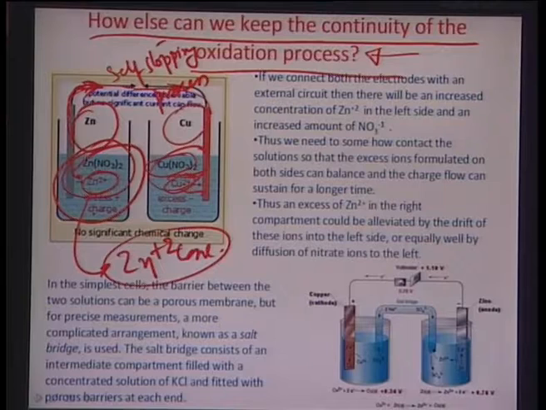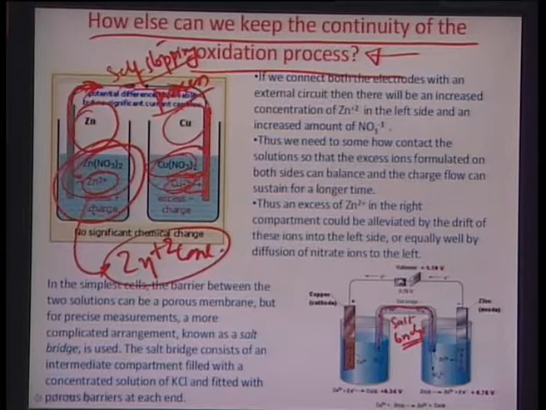So, can I do something to make this process continue? The answer is yes. What we do here is create a charge balance by connecting the two solutions together as well by something called a salt bridge, right. Essentially this contains two plugs at both the ends, and there is an ion exchange solvent, and there is a continuous exchange of the increased, let us say, SO4 -2 ion on one side in the copper sulphate solution, with the increased Zn+2 ion on another side with the zinc sulphate solution.